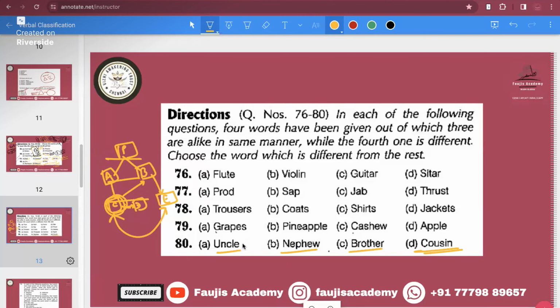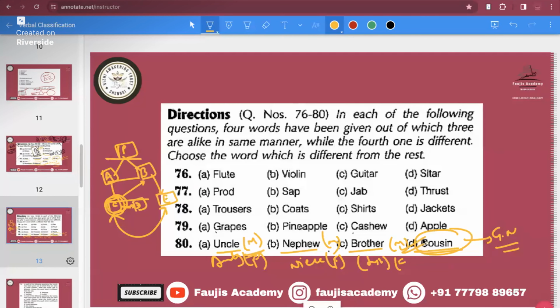So uncle is male, otherwise auntie is female; nephew is male, and niece is female; brother is male, and sister is female; then cousin is gender neutral, as mentioned by Harita. Thank you so much, buddy.